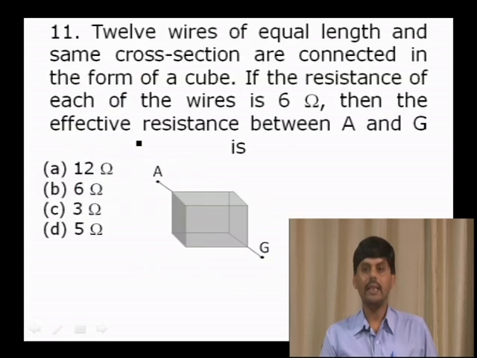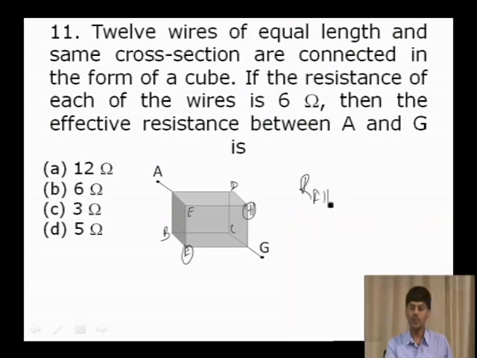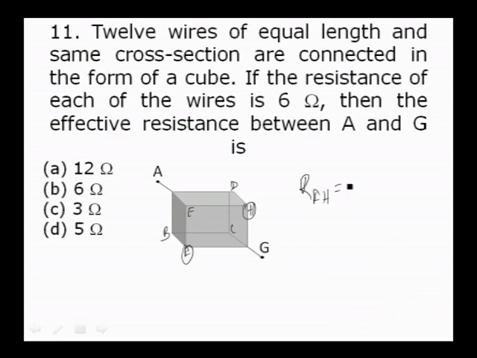If suppose they may ask phase diagonal, say for example, this is the phase diagonal. Okay, I will name them B, C, D, E, F, G, H. See, this is the phase diagonal, that is R_FH. Okay, R_FH, that is the phase diagonal.